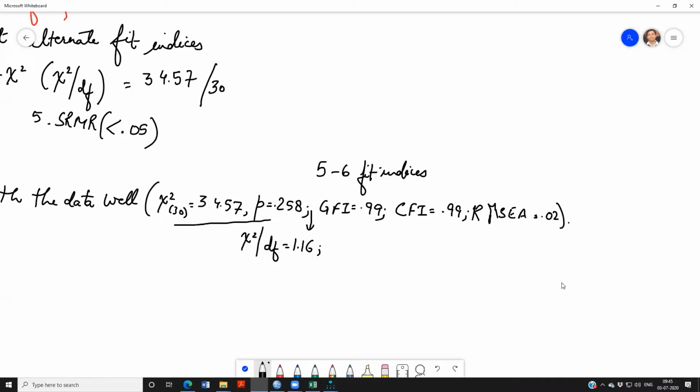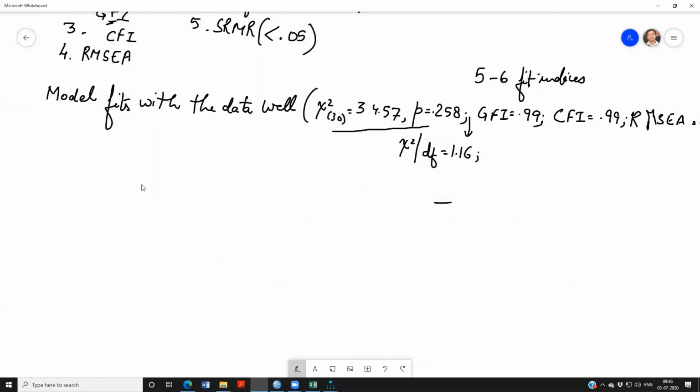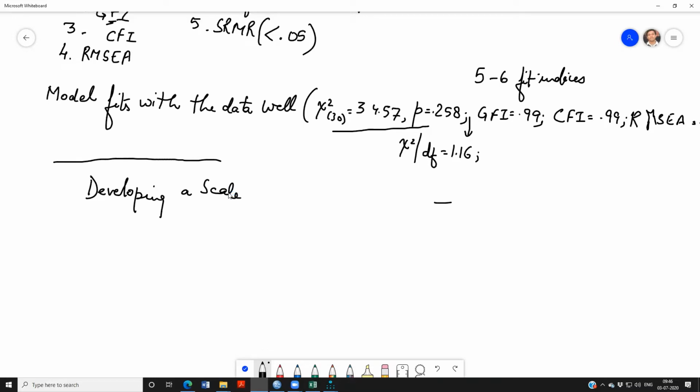Surabhi, generally speaking, how long would a complete exercise for developing a scale take? Well, let me tell you, I have told this 2-3 times. It is good enough work to be pursued in a thesis.